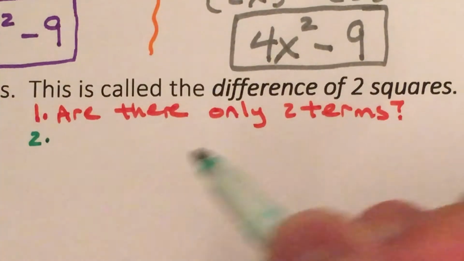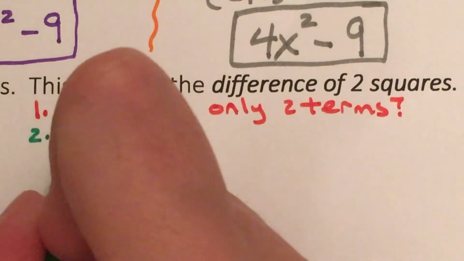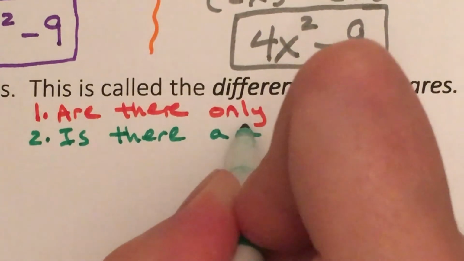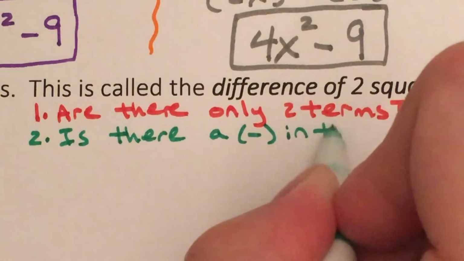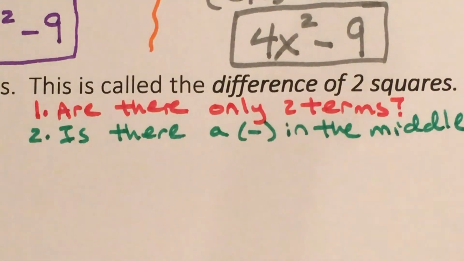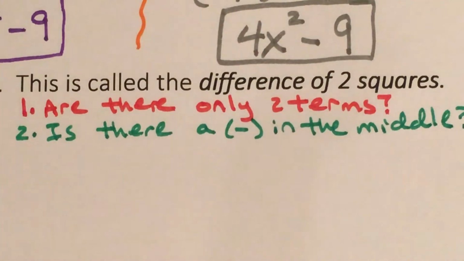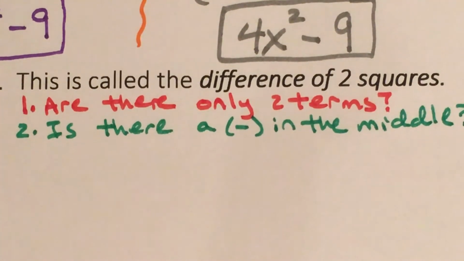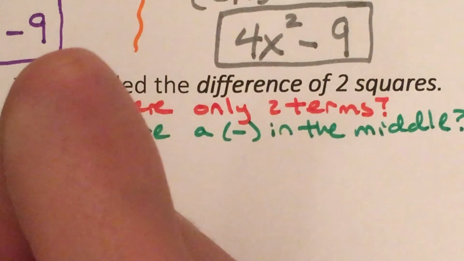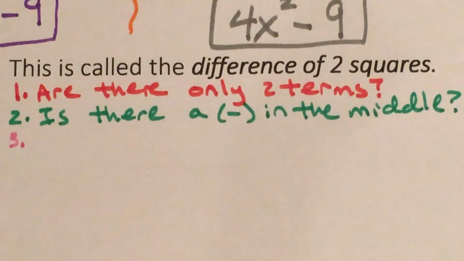Question 2, is there a minus in the middle? Last question, are both of the terms perfect squares?